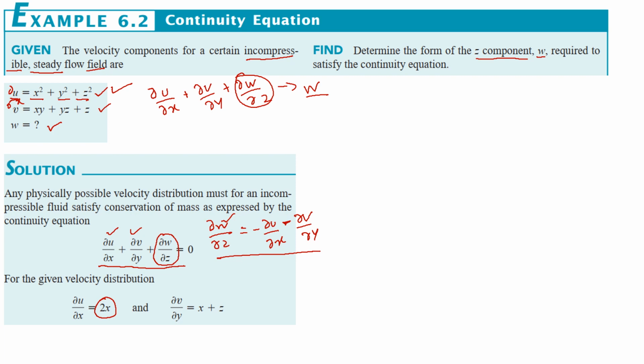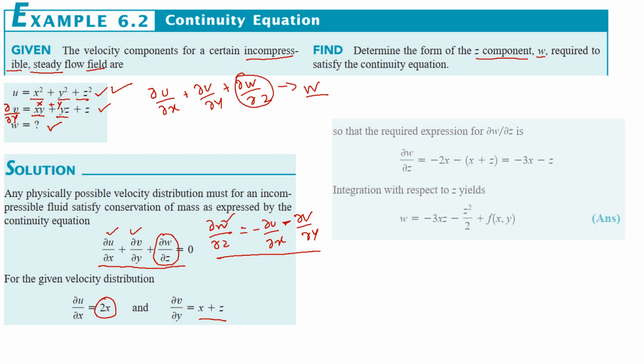And similarly for this term right here, we are also going to find the partial over partial y for this v velocity component. So by partial v over partial y, we will only be able to derive these two components, that will be the xy and the yz. So it will come out to be x plus y, x plus z, as you can see right here. So writing these two terms in this equation, what we will get is this.